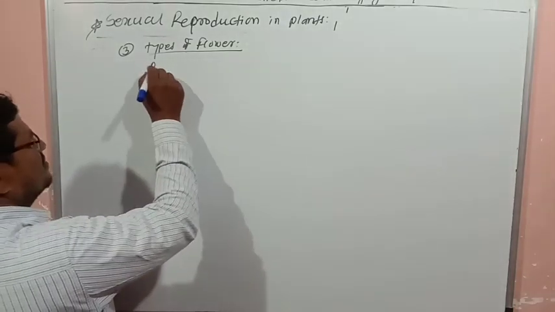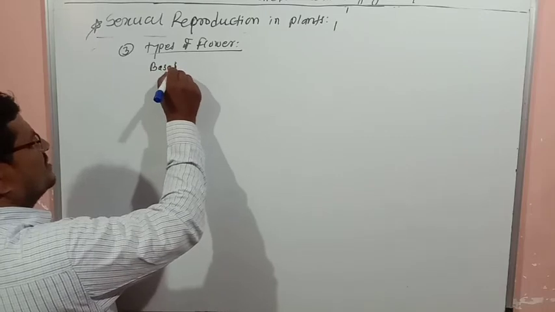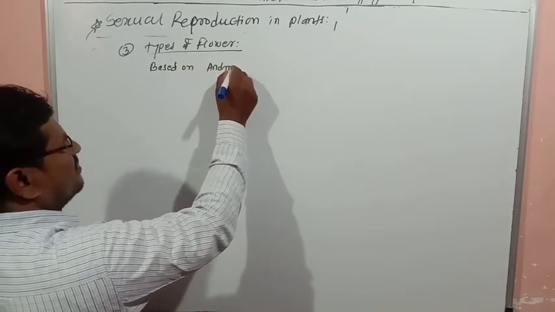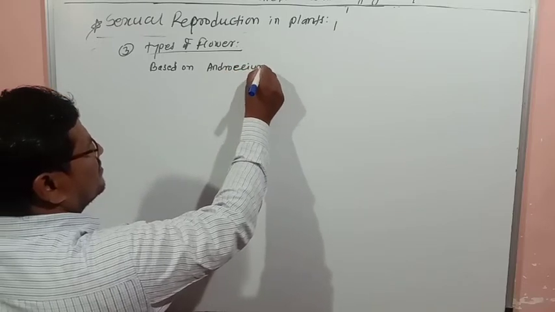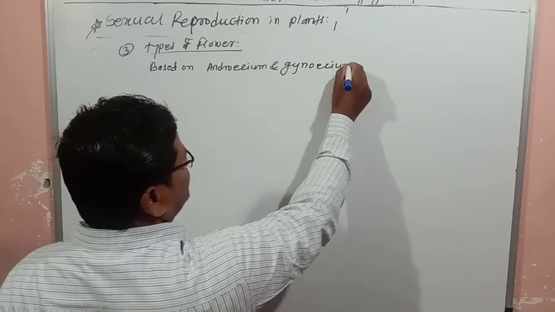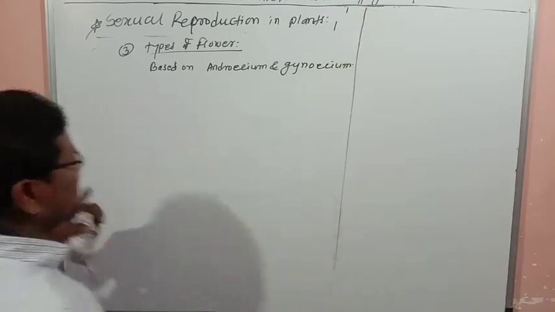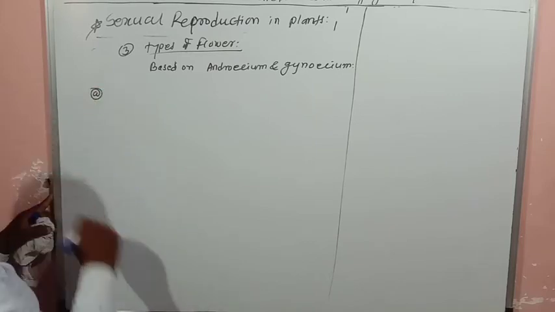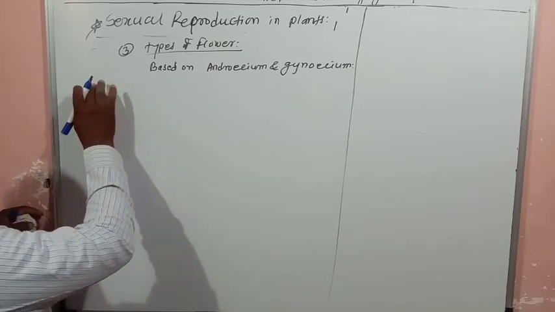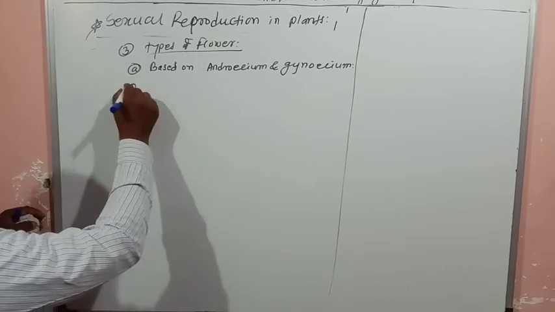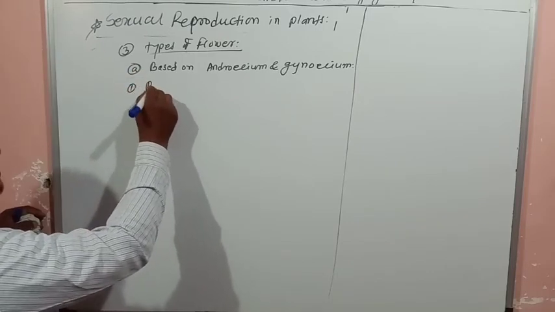So based on androecium and gynoecium, the first type is the bisexual flower.